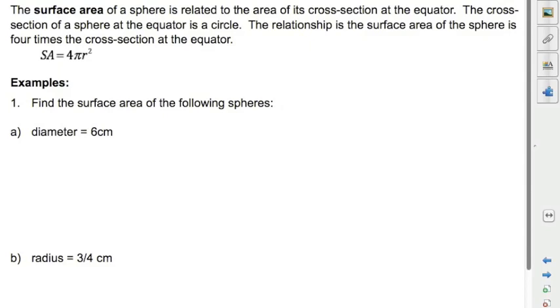What's the relationship if I have, let's say, an orange, and the surface area of this orange, in other words the orange peel, and if I took this orange and cut it completely in half, the area of that circle that we see? Yeah, 4 times. So really what we're saying is 4 times the area of the circle.